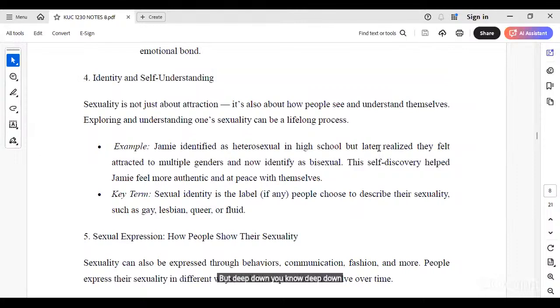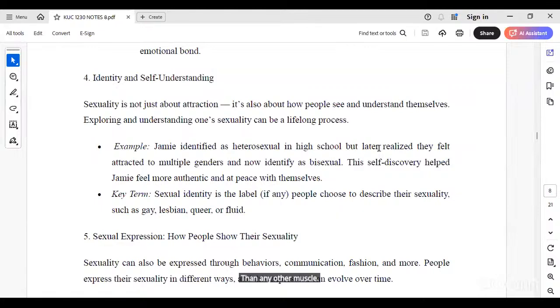So when people are thinking that you are dating this person, but deep down you yourself know that nothing is going on, you are in a better position to identify yourself, to label yourself, because you understand yourself more than any other person.